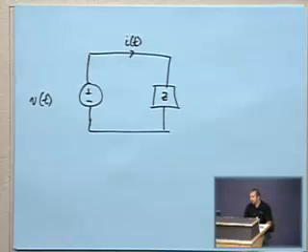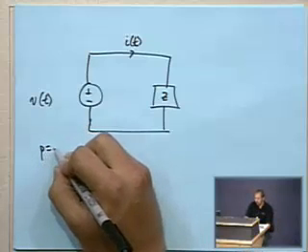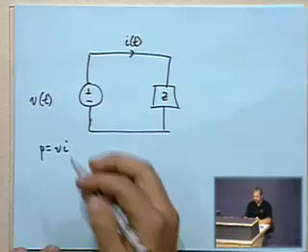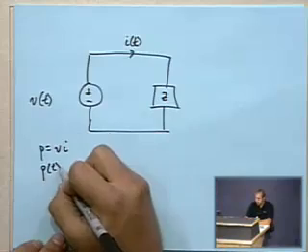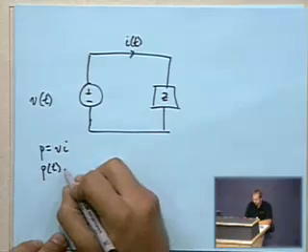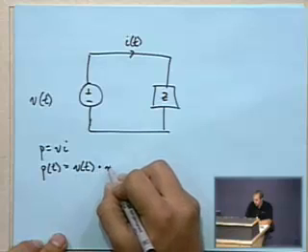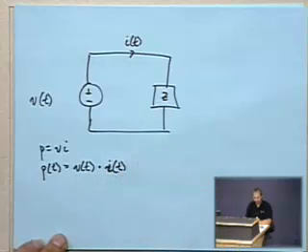What we learned way back in, I think it was chapter 1, is that P equals V times I. And perhaps slightly more accurately, that power as a function of time equals voltage times current as a function of time.